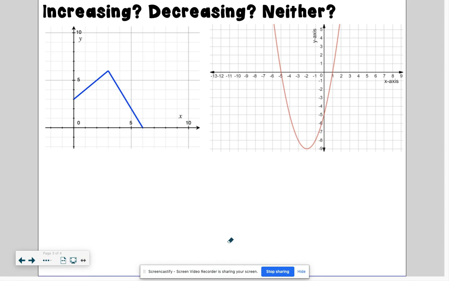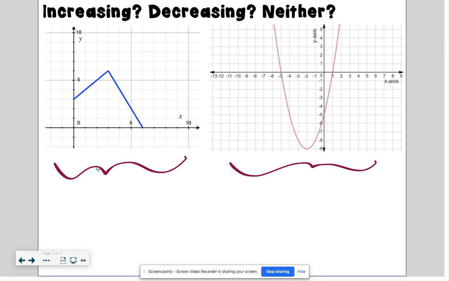Like I said before, sometimes graphs are going to have multiple parts to them, like we see here. Sometimes it's just one graph that has multiple different parts to it, but it's still just one continuous curve or line. And when you talk about whether a graph's increasing or decreasing, you have to take the whole graph into account and all of its parts.